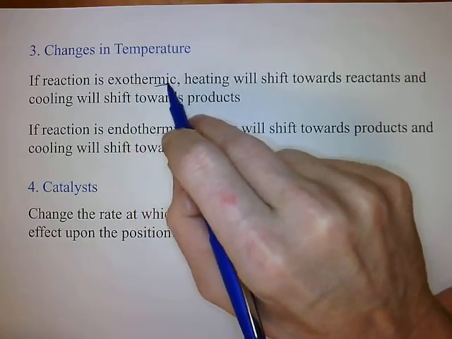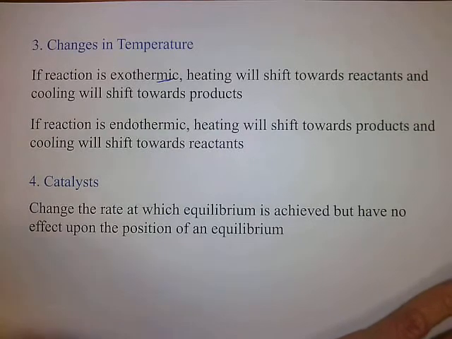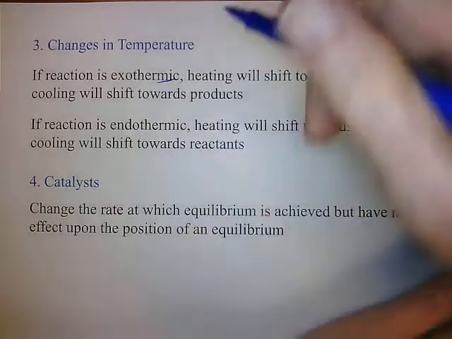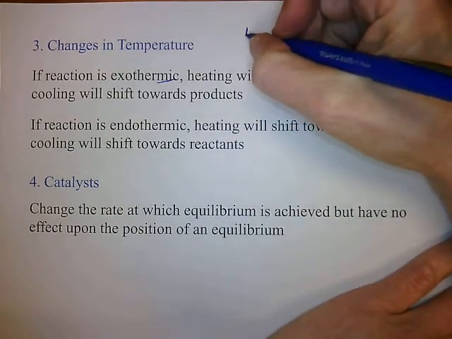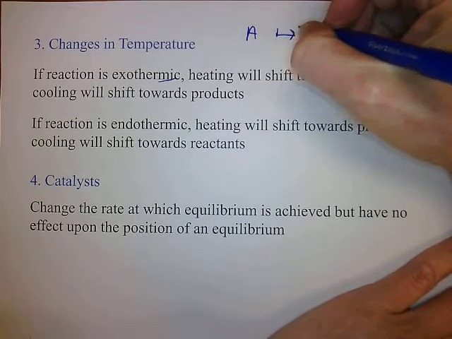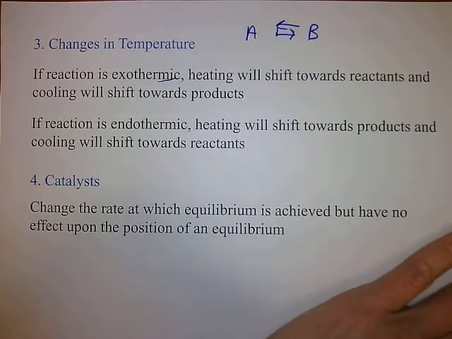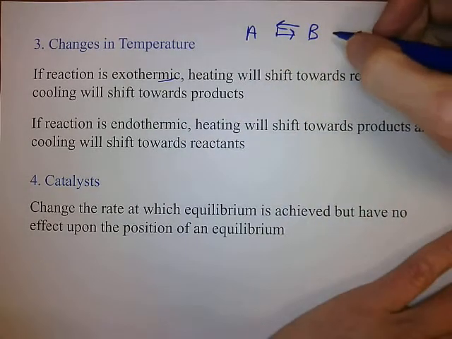A reaction that's exothermic means it's giving off heat. In other words, we could think of heat as a product. So let's say we have, back to our simple reaction, let's say we have reactant A in equilibrium with product B. But let's say it's an exothermic reaction, then we can think of heat as a product.